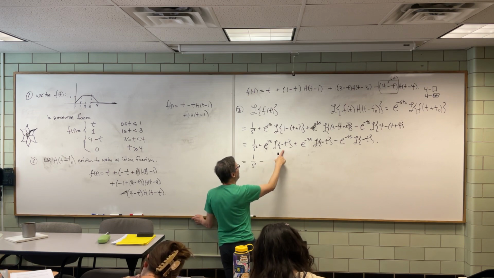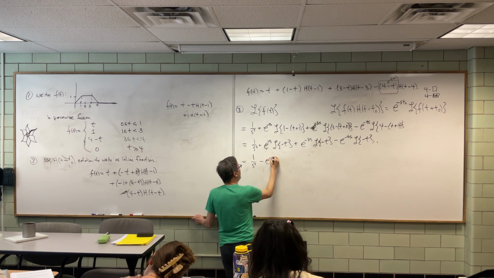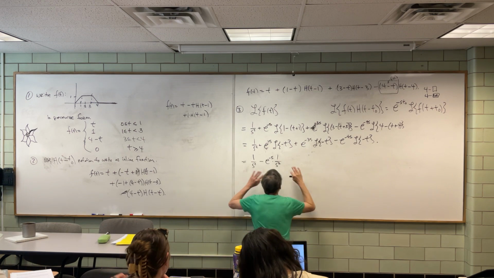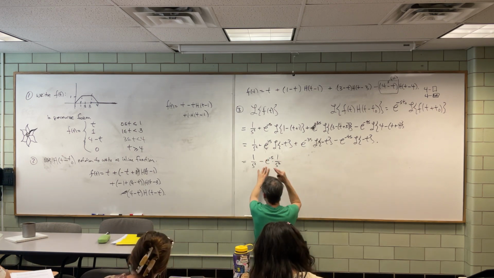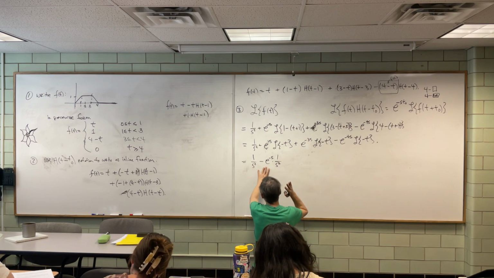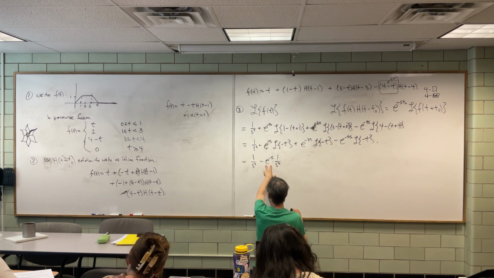And then that's just 1 over s squared, right? So e to the negative s, 1 over s squared. You could get weird with these e's, but I would just keep them out in front because they really are placeholders. They're kind of like devices to just let you know what happened there. And you see this and you know there's a Heaviside involved in the whole thing.